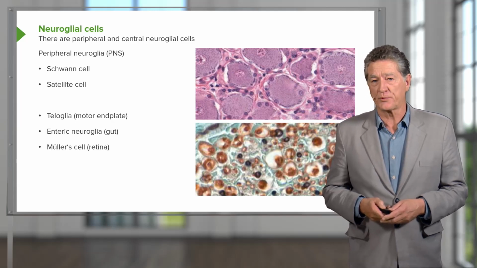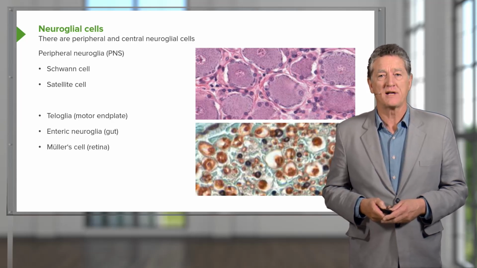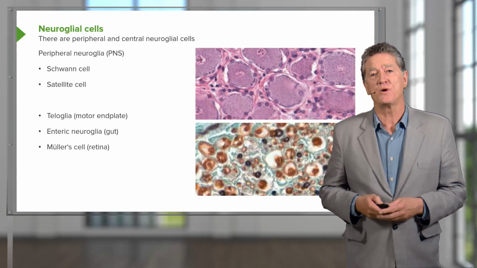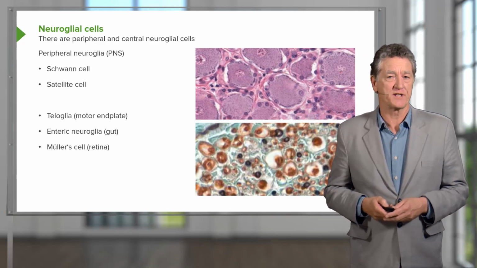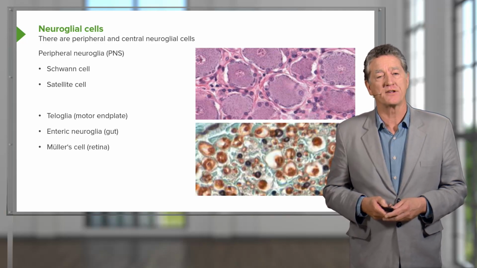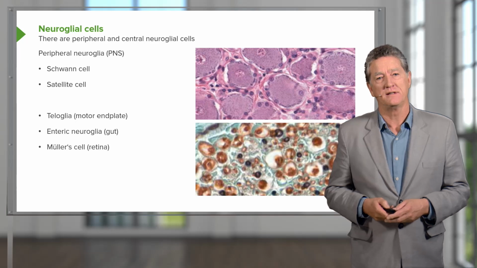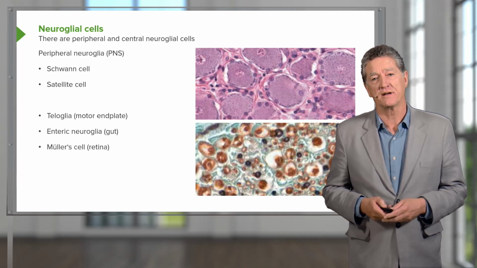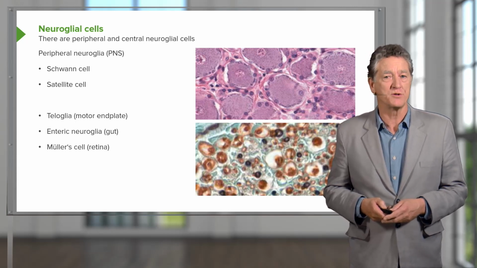We've also learnt in the previous couple of slides that nerve fibres are myelinated, and that's done by the Schwann cell. Well, there are other names for these supporting glial cells in other structures, such as the end plate, the gut, and in the retina. We'll come across those special glial cells when we look at those tissues in more detail.